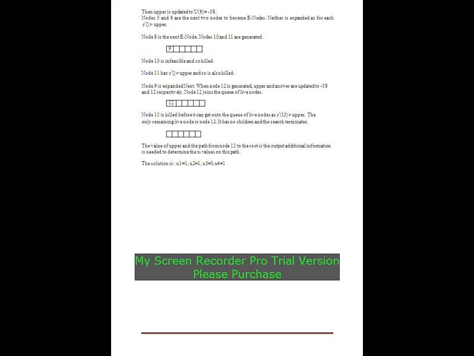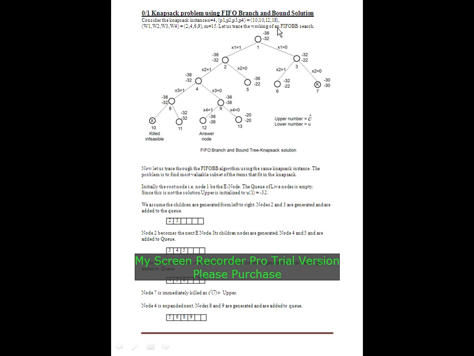When comparing, the number of expansions in least cost is less than the number of expansions in FIFO. So least cost is better than FIFO. In FIFO, after checking whether nodes exceed the upper cost or not, then you can eliminate them from the queue. But in least cost, before expansion itself, by checking the cost, we can eliminate further expansion. So that is the main advantage of comparing these two approaches.